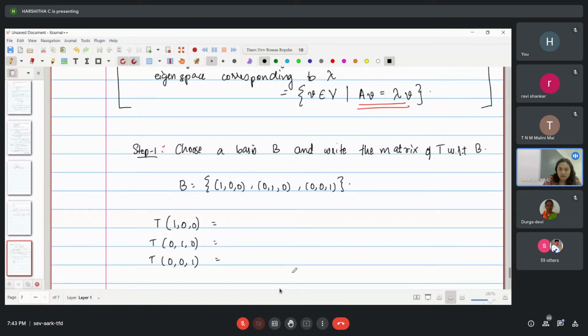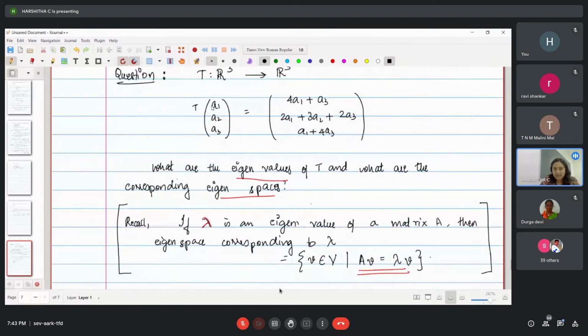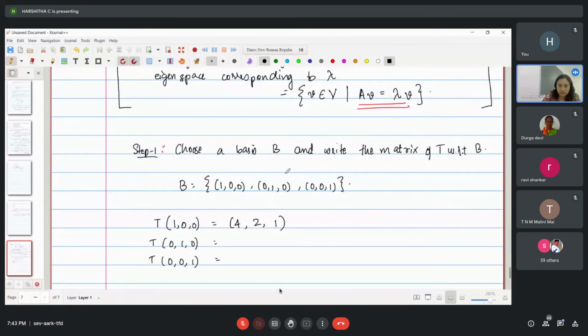T of E1 is (4, 2, 1), since A1 is 1, and A2 and A3 are 0, so you just substitute the values. T of E2 will be (0, 3, 0). T of E3 is (1, 0, 2).